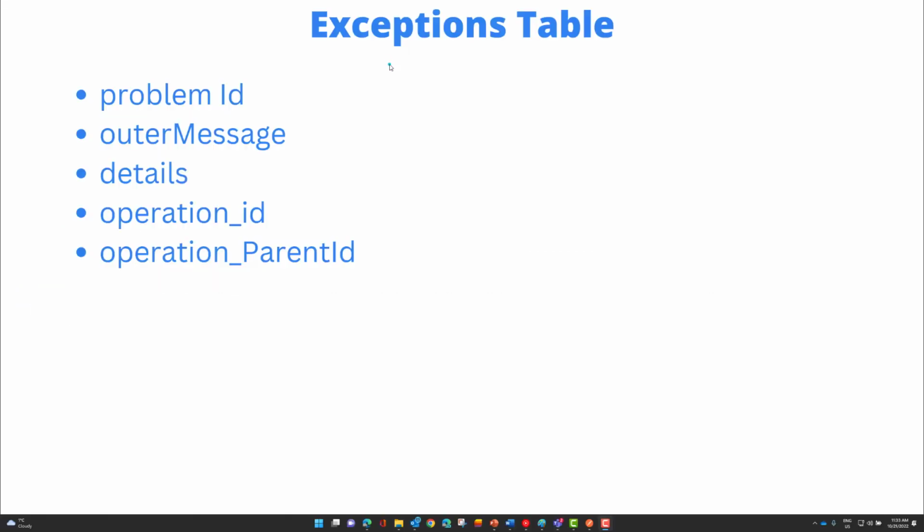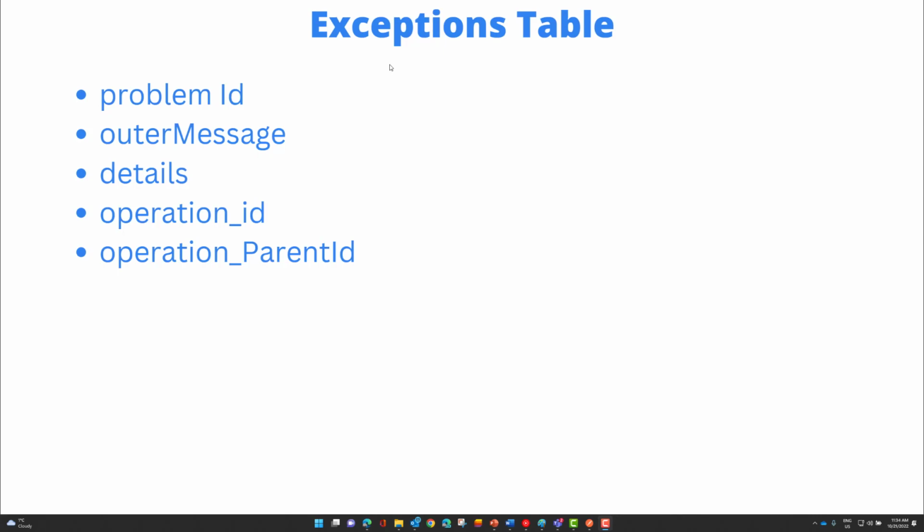All right, so let's talk a little bit about exceptions. We saw a bit of a preview in that previous example, but some of the key fields that we're going to want to look at here are the problem ID, where we can get a sense of the error type, and the outer message, which is basically a brief exception message. If you're familiar with .NET, that's a concept that will resonate with you. Then there are details, which is going to be the most verbose level of exception details that we can obtain.